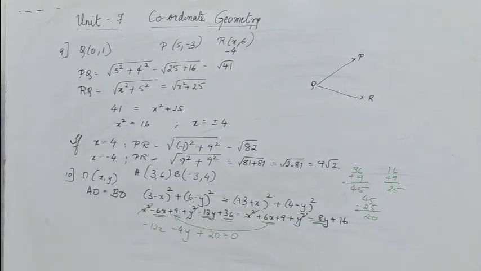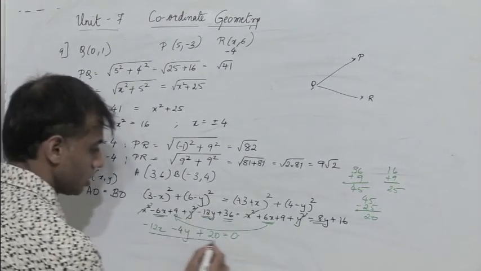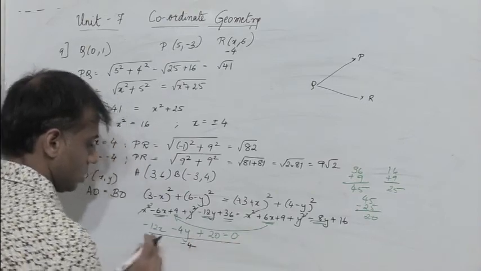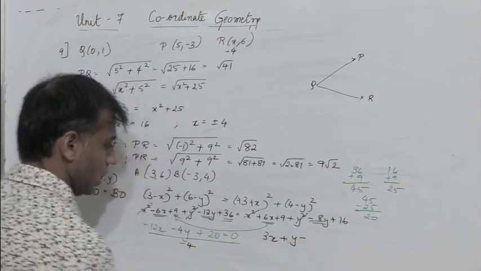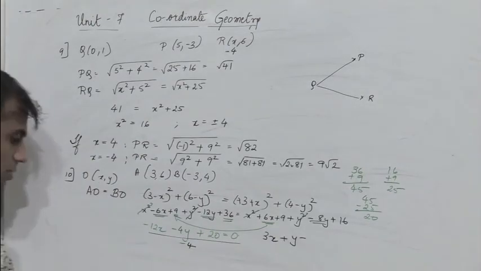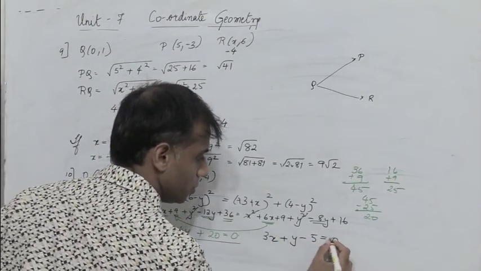Right? So let me divide the entire equation by minus 4. If I do that, I get 3x plus y minus 5 equal to 0.